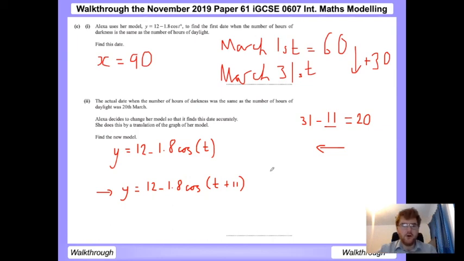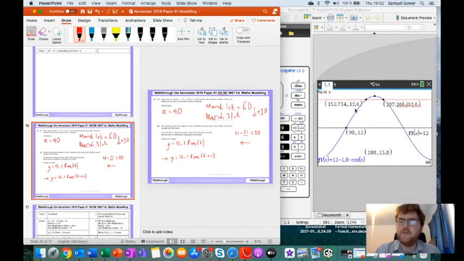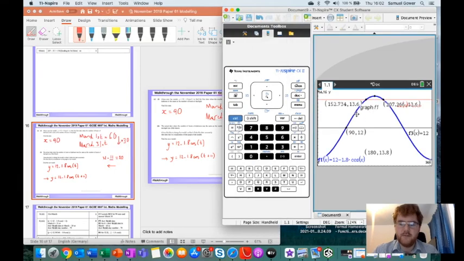Now let me show you on our GDC why this actually works. So if I go back to my GDC and press tab and go to our initial function, if I put plus 11 in here, watch what happens to my intersection points.